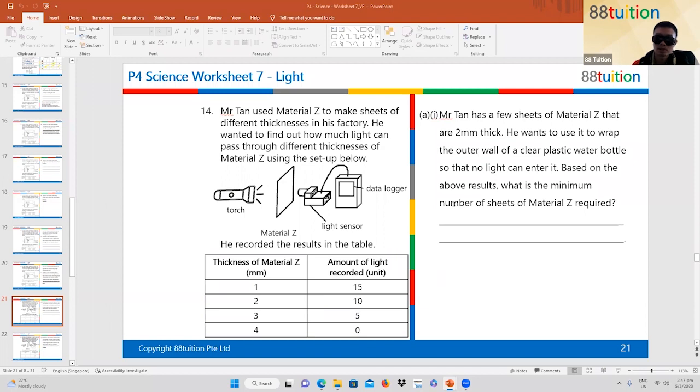Four sheets. Okay, let's look at the answer. Two sheets. Why is that two? Okay, look carefully. Each sheet is 2 mm. Each sheet is 2 mm already. And if it's 2 mm, only 10 units of light passes through, Ariano.